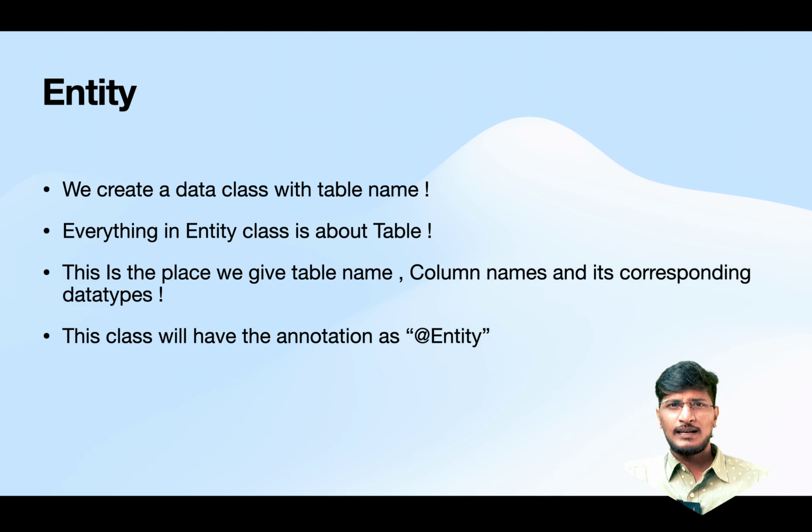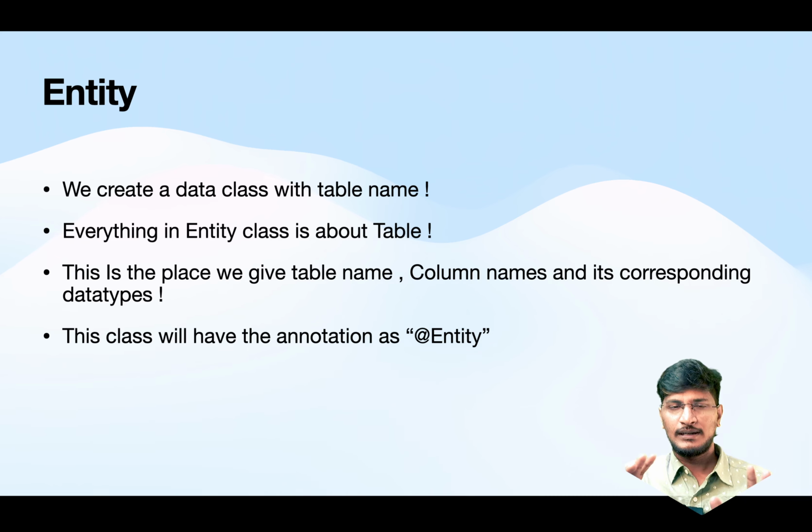Inside this entity class, everything is only about the table. This is the place where we give the table name, what columns it has, and what the data types of those columns are. That's it, nothing much.